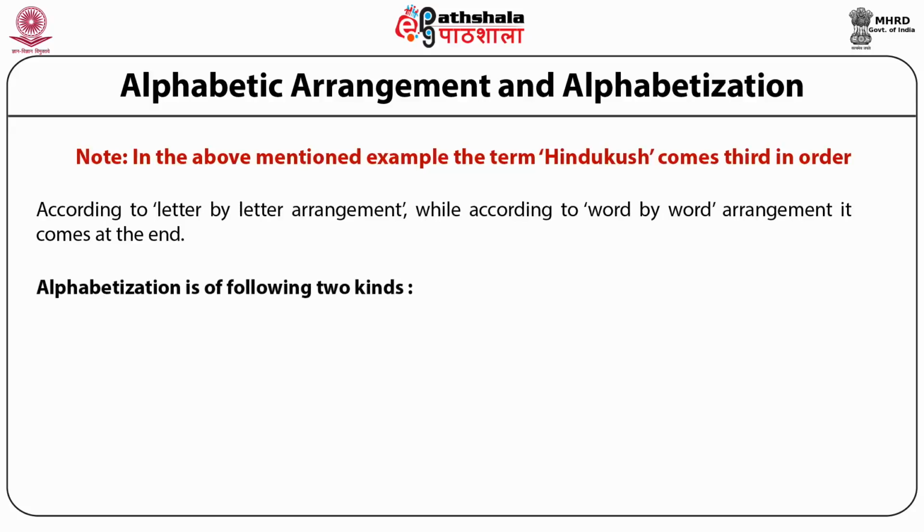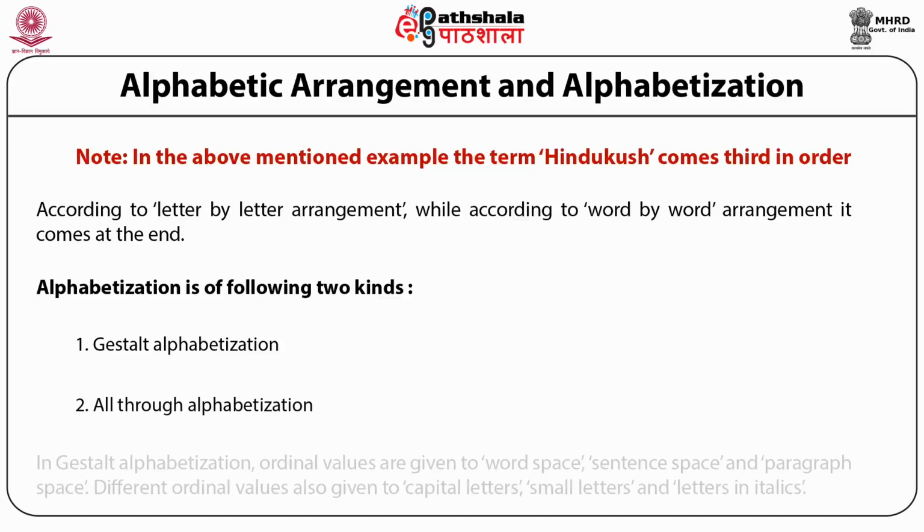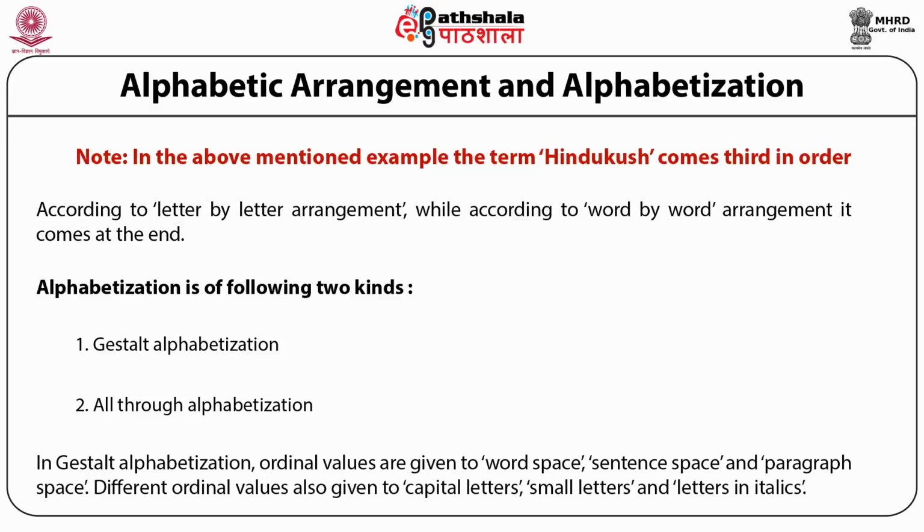Alphabetization is of following two kinds. First is Gestalt alphabetization and second is all-through alphabetization. In Gestalt alphabetization, ordinal values are given to word space, sentence space, and paragraph space.